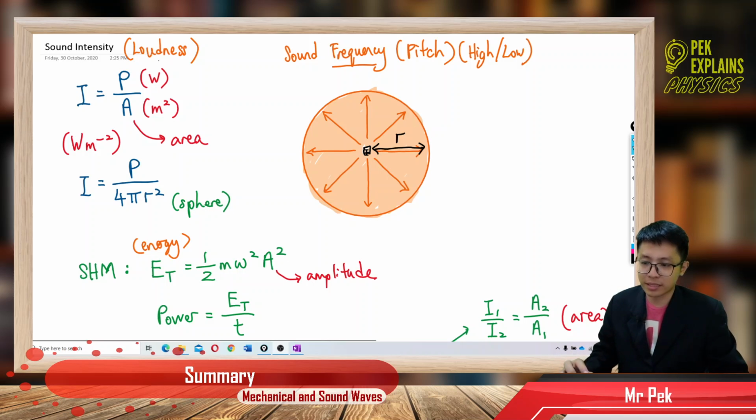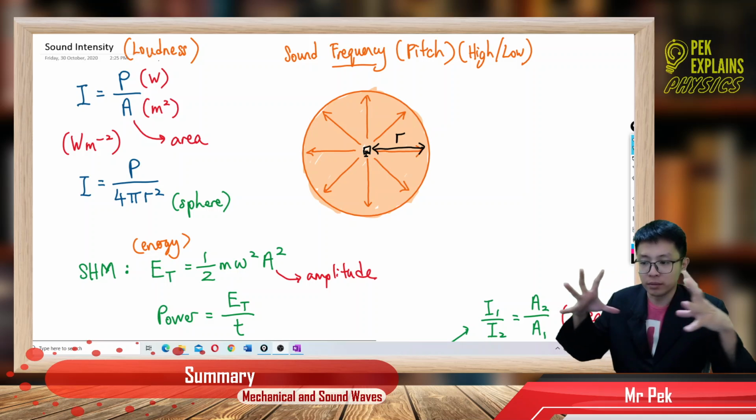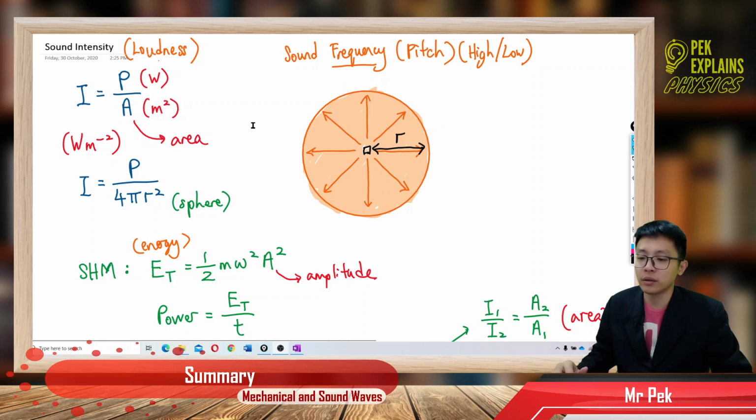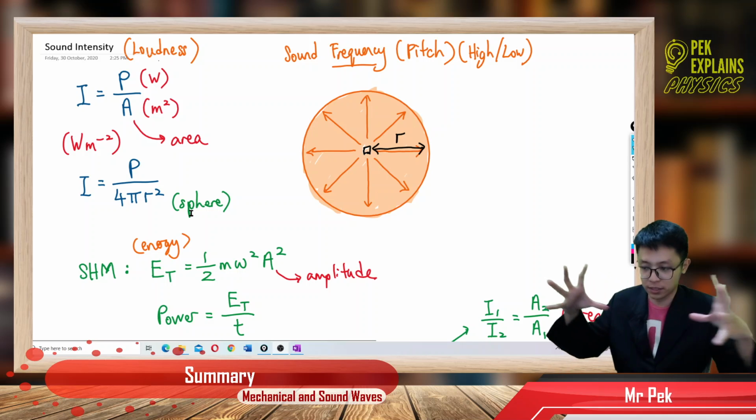We can imagine when the sound travels out, it becomes like a sphere growing bigger and bigger. That's the area of the sound distribution. The area of sound distribution is actually a sphere.